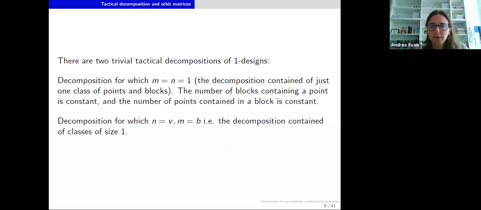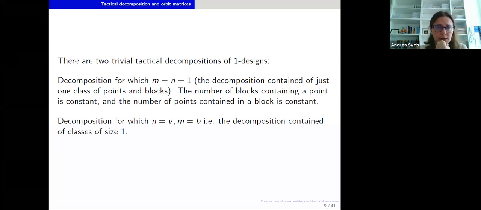Trivial tactical decompositions can be seen for 1-designs. One trivial tactical decomposition is the one for which m is equal to n and equal to 1. It is the decomposition that consists of just one class of points and one class of blocks.